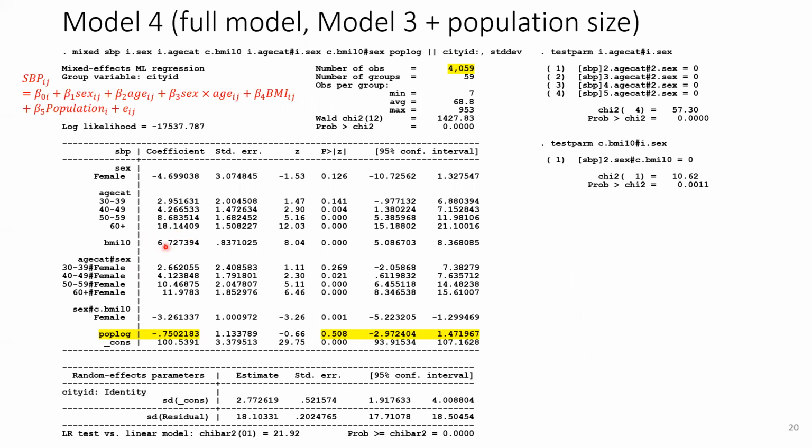And for women, I added 6.7 and its interaction term, which is negative 3.2. By adding these two, we get the estimate for women. And similarly for age, for the 30 to 39 age category, this 2.95 is the estimate for the male population, and for the female population, I added 2.95 and 2.66.